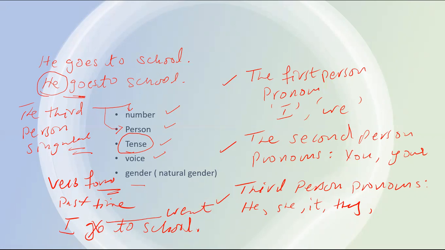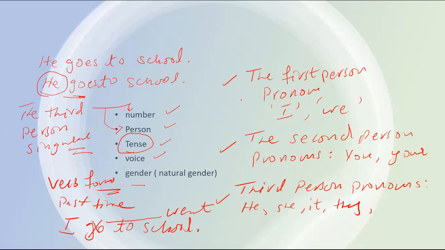So this means we need to choose the verb form in accordance with the time we want to talk about, or we are writing about. Right?